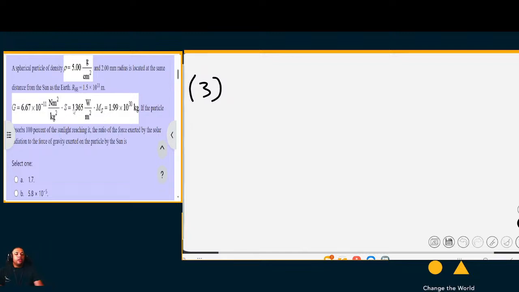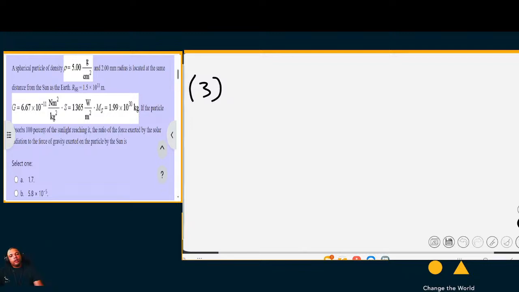And then, of course, S, which is the average intensity, I think 1365 watts per meter squared, like we just calculated in the first question. And then Ms is the mass of the sun, 1.9 times 10 to the 13.